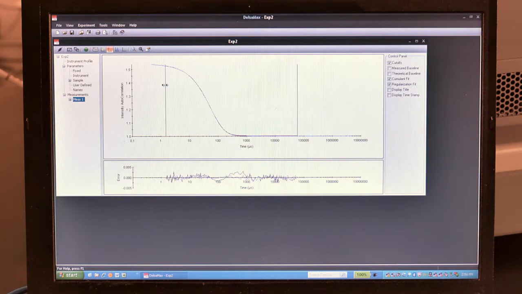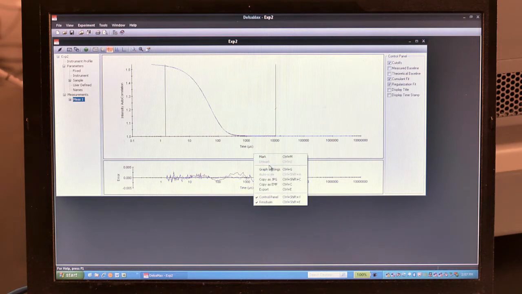So what you can do is actually adjust these limits of analysis to the left for smaller particles, where the correlation curve will be shifted left, or you can adjust the limits of analysis out to longer time intervals for particles that will have longer correlation curves, and they'll have correlation curves that are shifted to the right. But the standard measurements of around 1.5 microseconds out to about 10,000 microseconds work well.